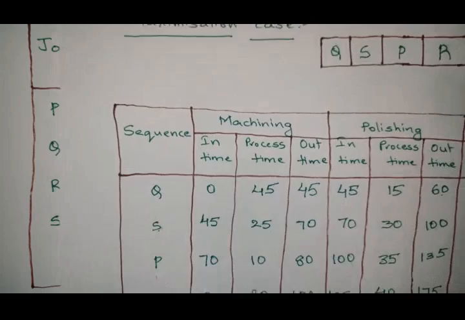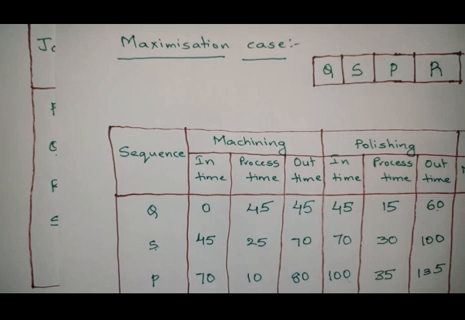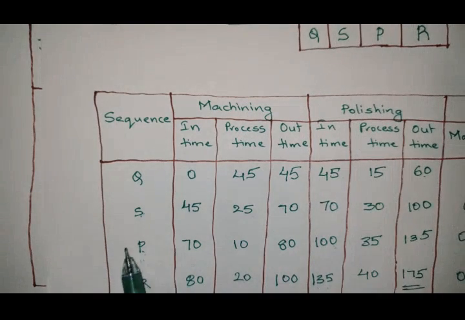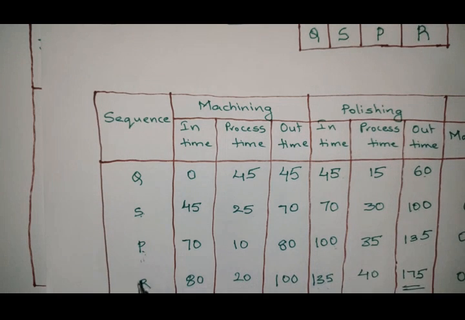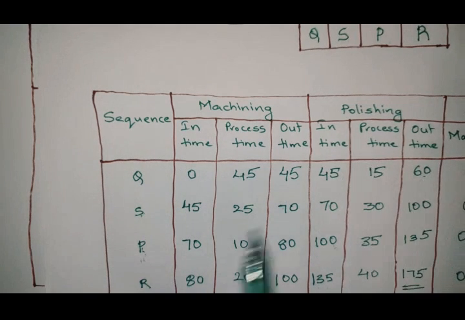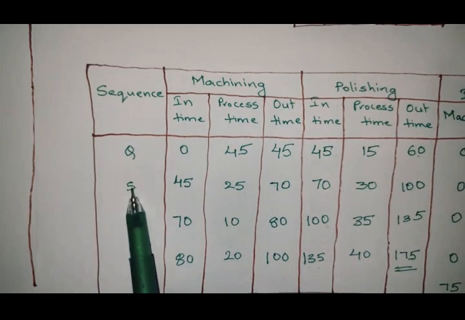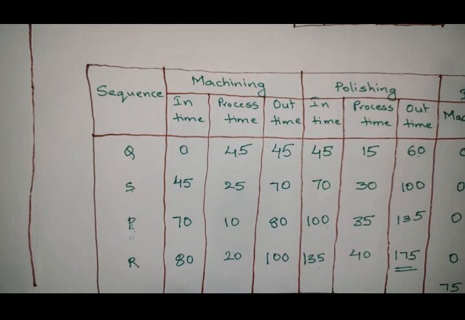The job P completes the 2 processes by the 135th hour, so the total elapsed time for job P will be 135. For job Q it is 60, for job R 175, for job S 100. So by those hours that job completes the 2 operations.